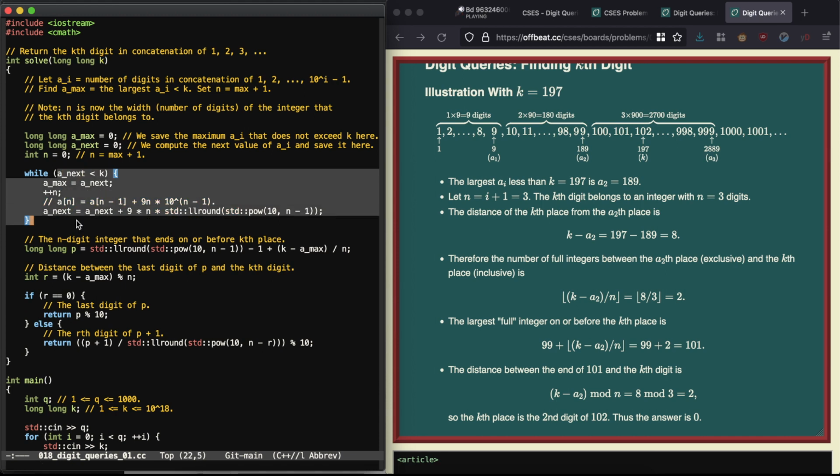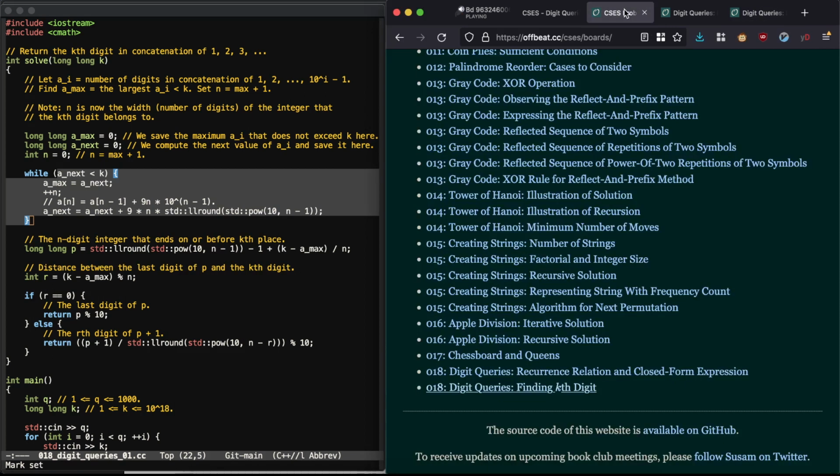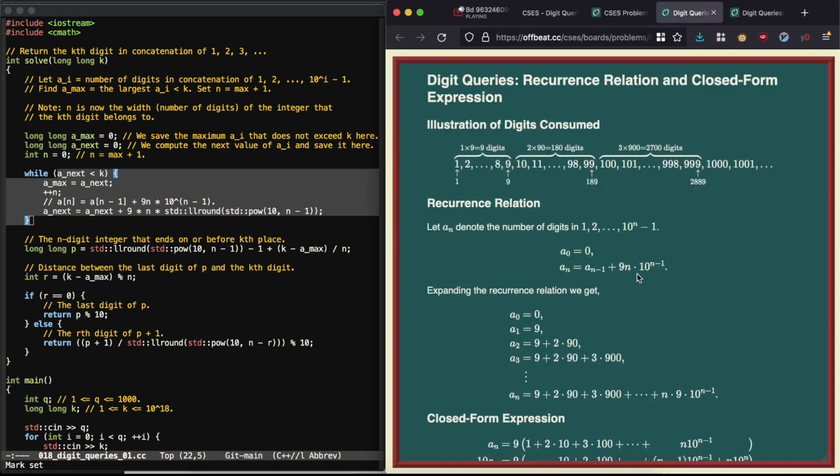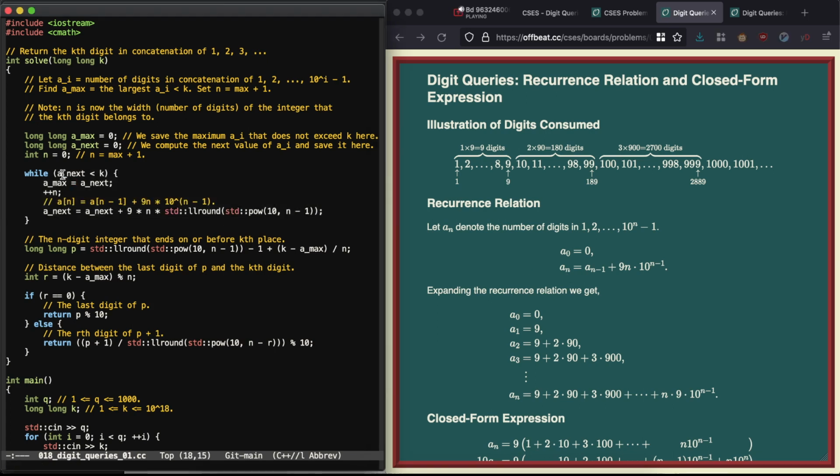This part of the loop is implementing this recurrence relation. We're trying to find the next a again and again, and we keep checking that it does not exceed our integer k, the given integer k. The moment we see that it has exceeded, we just take this out.